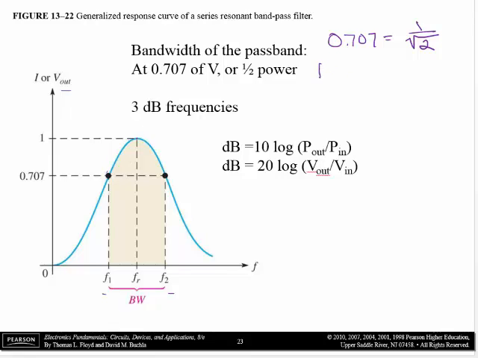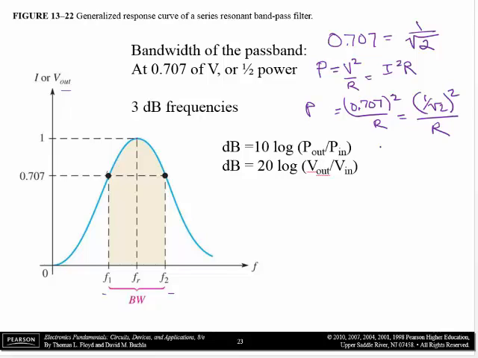So what is power? Power is V squared over R. Power is also I squared R. Remember Watt's law? So let's say my voltage is now 0.707 volts, and I square that divided by R, I get 1 over square root of 2 squared divided by R. Remember, I'm calculating power right now.